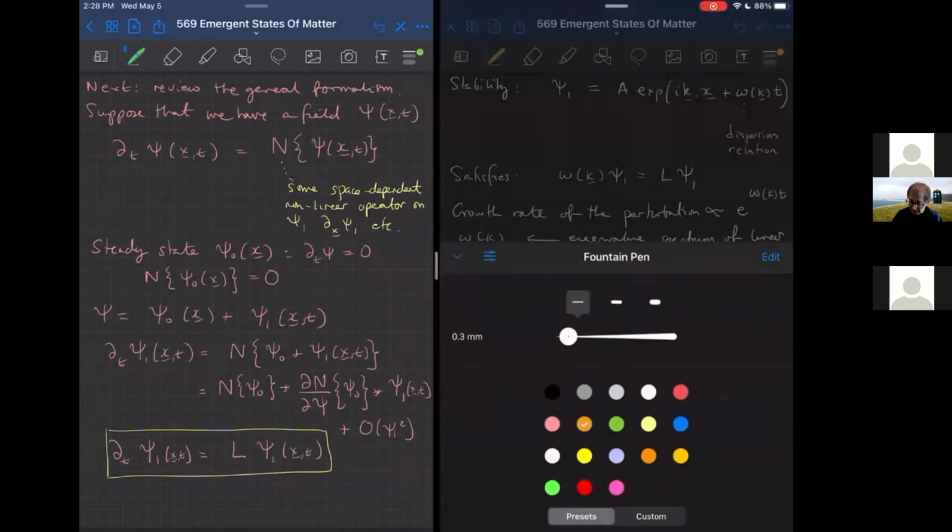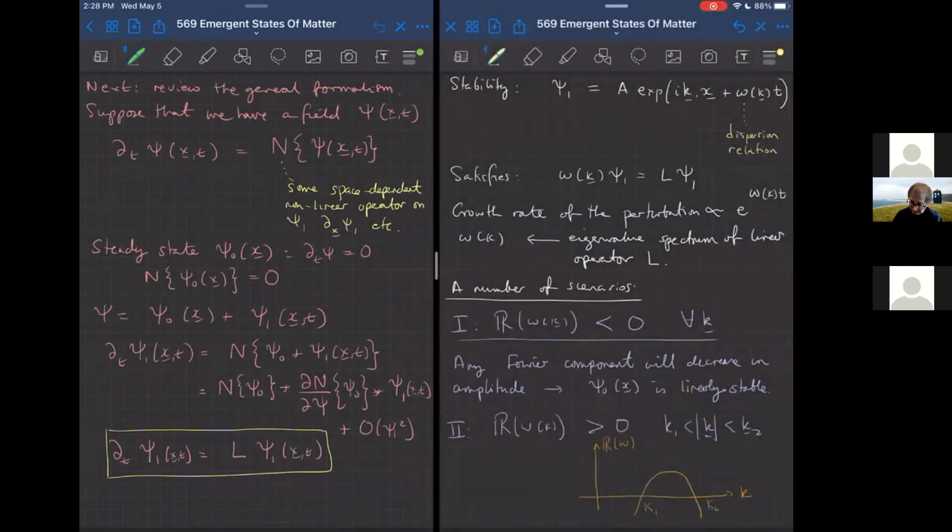And then these modes in here are going to be linearly unstable, so they will grow exponentially. And in fact, the fastest mode is the one that's going to grow the fastest.